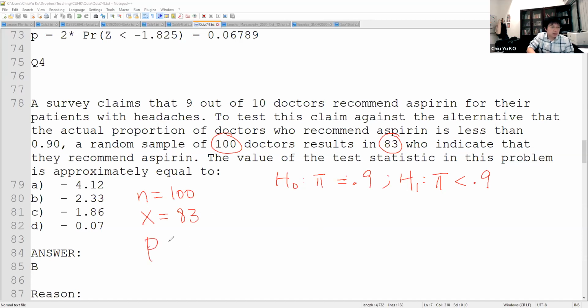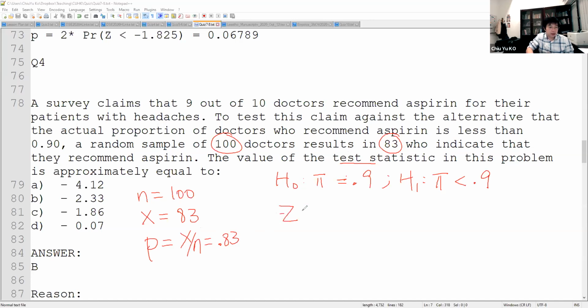So P will be x over n, so the sample proportion is 0.83, okay? So we want to see a test statistic for this, right? And we know this is normal, right, already, with the mean, this, and the other one, right? And then this, okay?